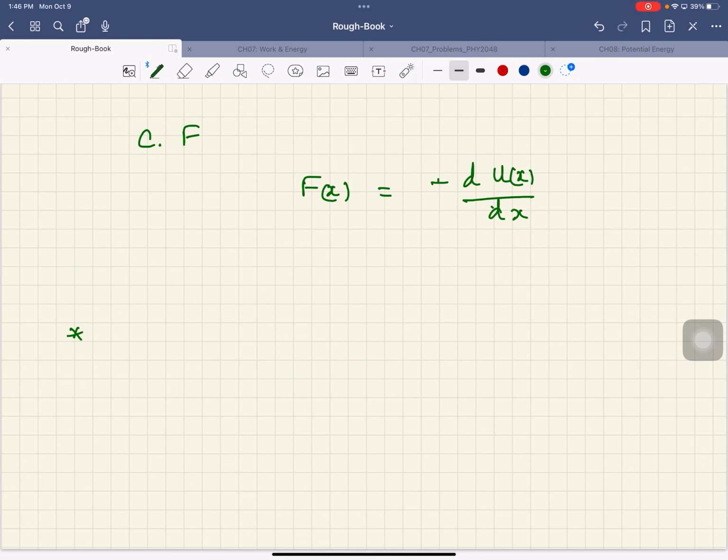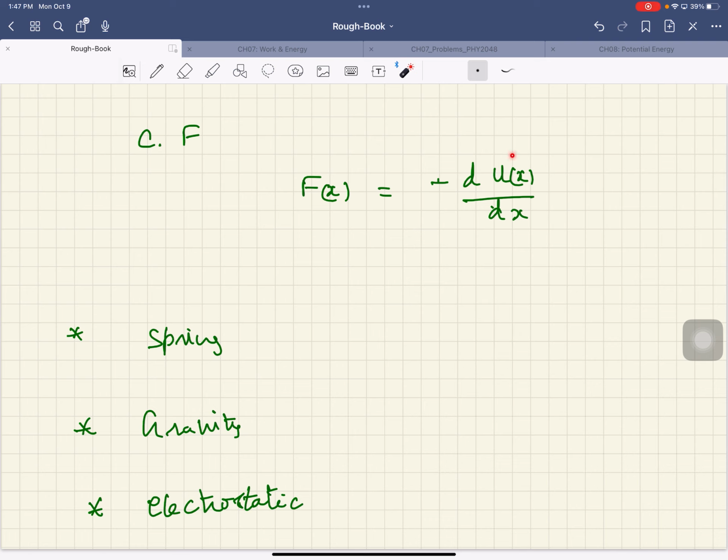Spring, gravity, and electrostatic. Those are the forces, and what we are doing is giving you the potential energy function for these forces. And I just gave you the potential energy function for gravity.